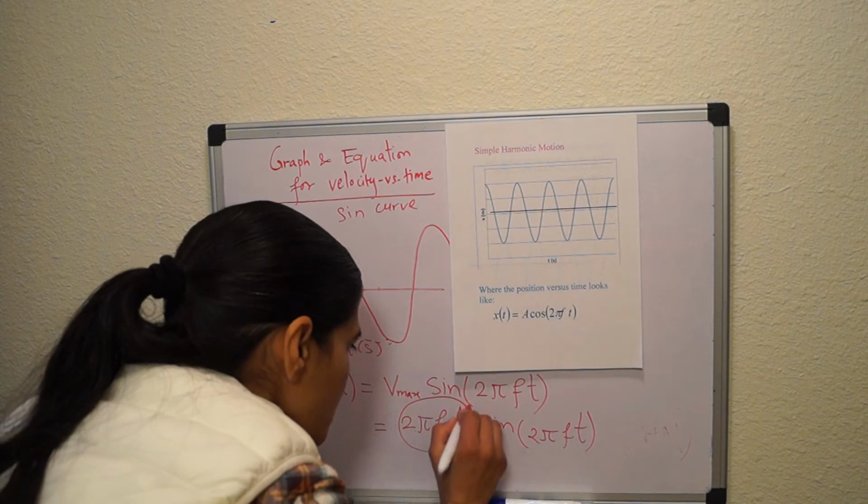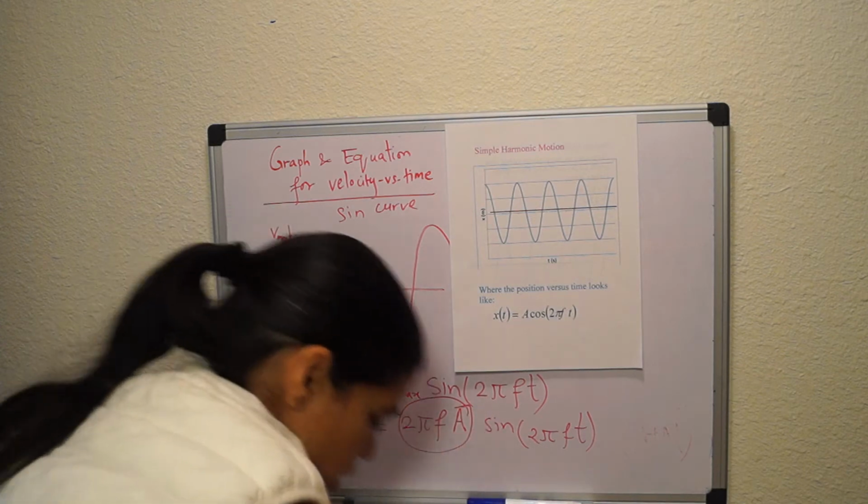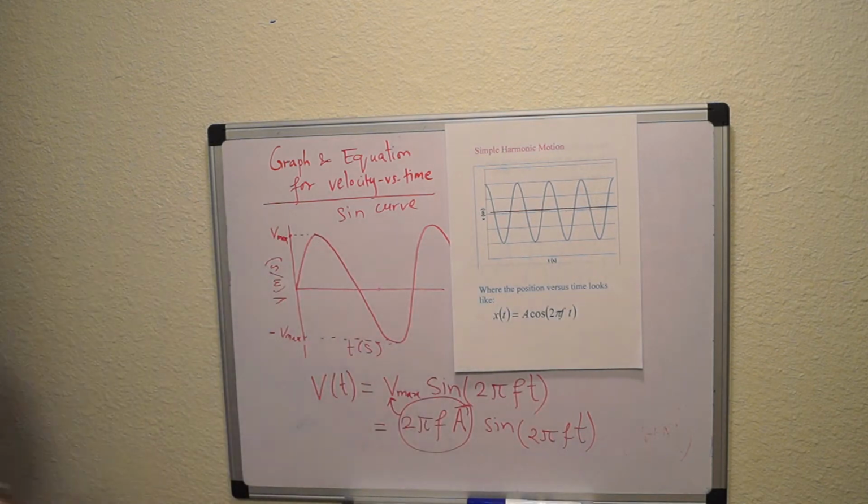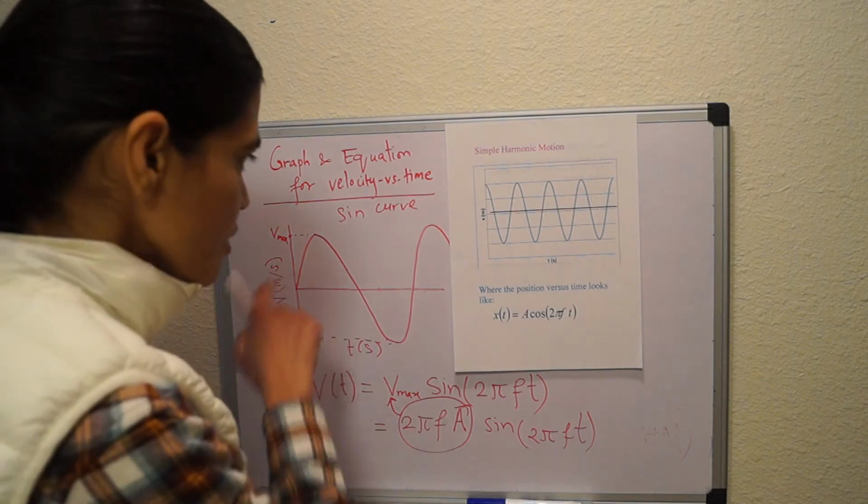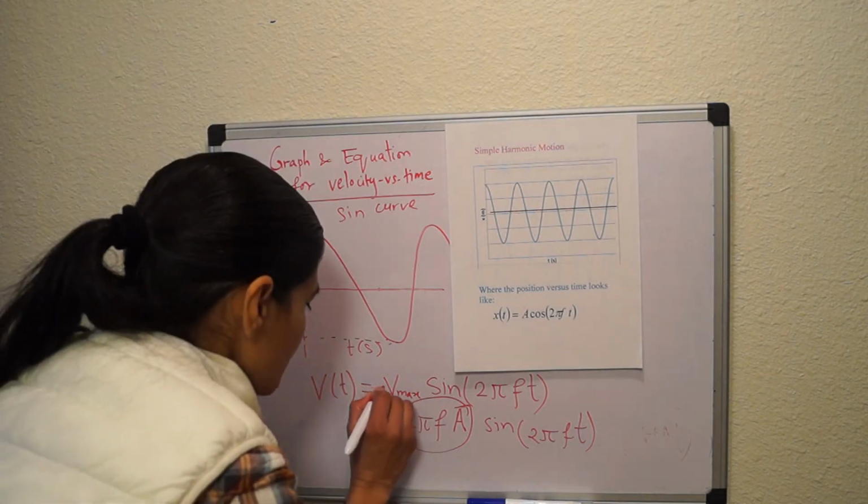So this quantity here is equal to v max. Oh, it turns out that there should be a negative sign here, okay?